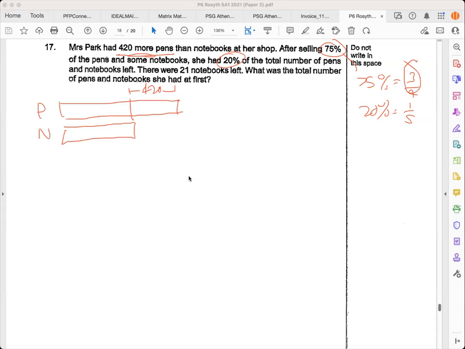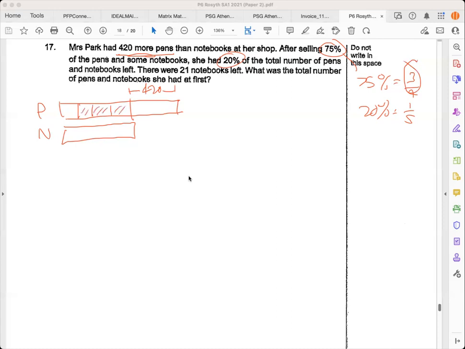So first I cut my pens model into two portions. The first portion I will further cut into 4 parts. Okay, and because Mrs. Park sold 3/4, I'll shade away 3/4 here.